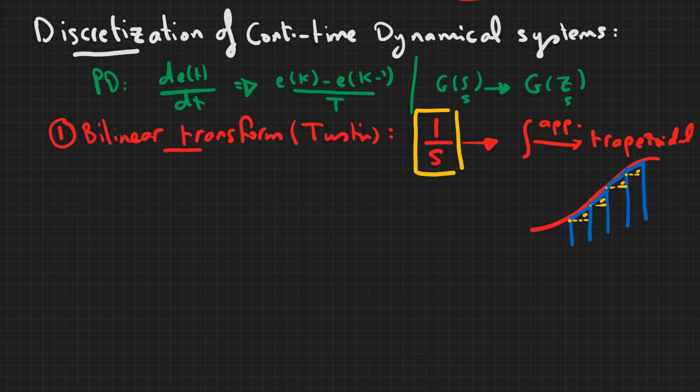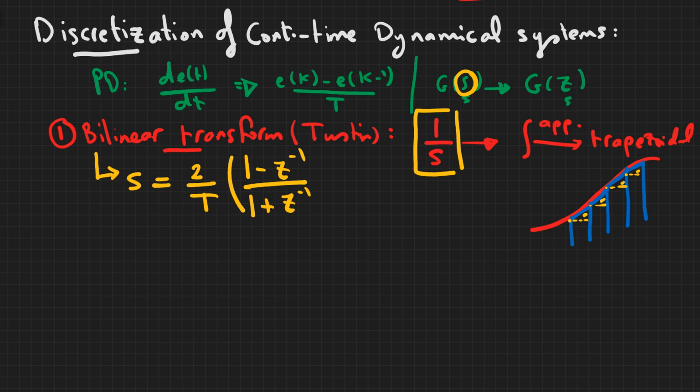So the actual bilinear transformation says that if you have the transfer function in the S domain, you just replace every s with 2 over T, times 1 minus Z inverse divided by 1 plus Z inverse. This is the bilinear transform.